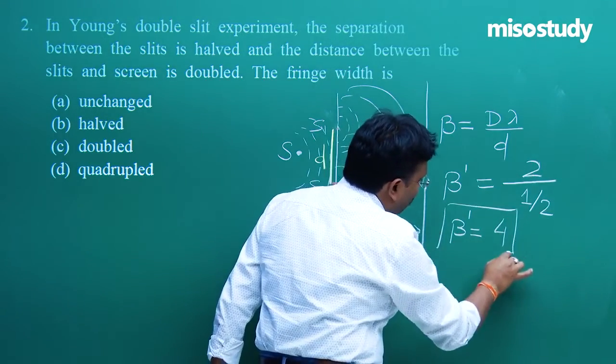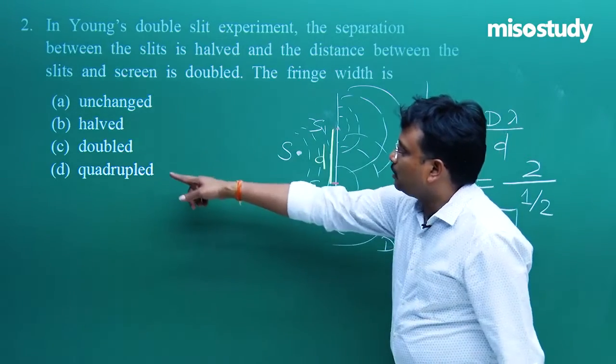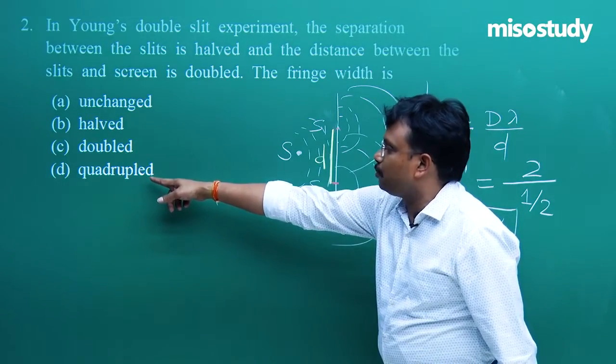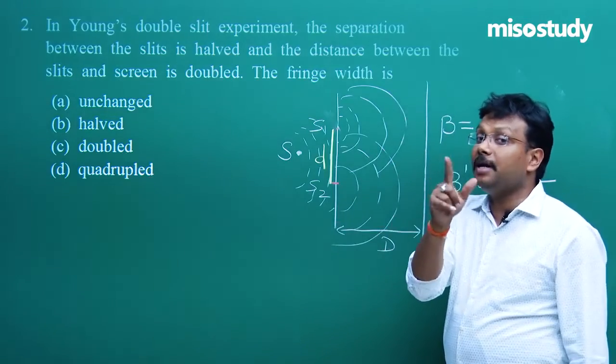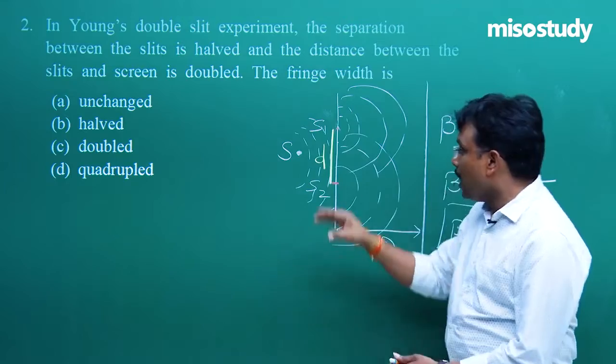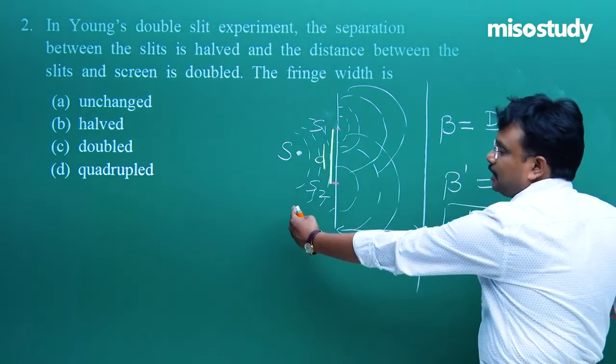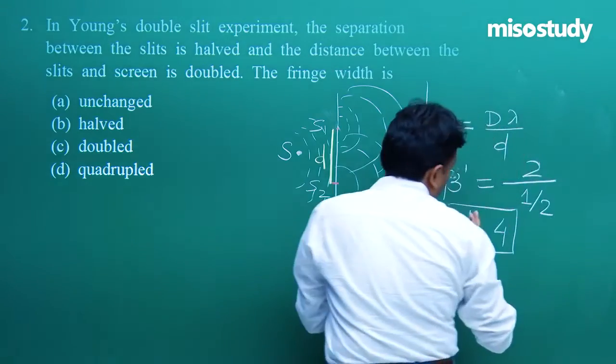So what exactly can you find out from this? The correct answer is four times the initial value; the fringe width is going to change by 4 times. Why? Because the slit spacing has been reduced to half and the screen distance has been doubled. So the solution is in front of you.